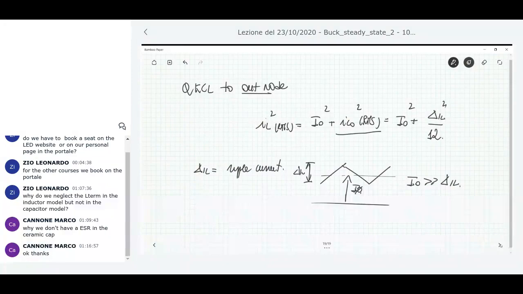Okay? Remember, for example, the root mean square value of the output capacitor current depends on delta IL. It means that if delta IL is very large, the root mean square value of the capacitor current is large.